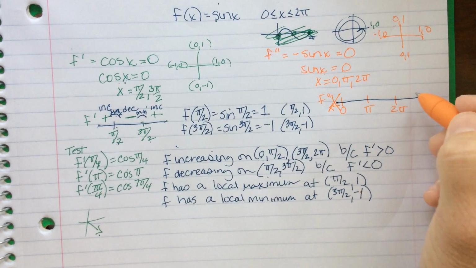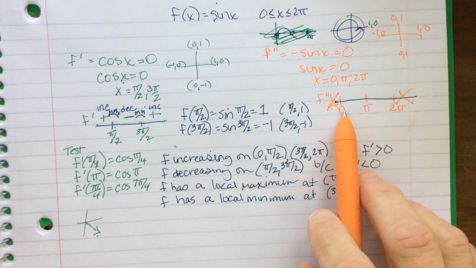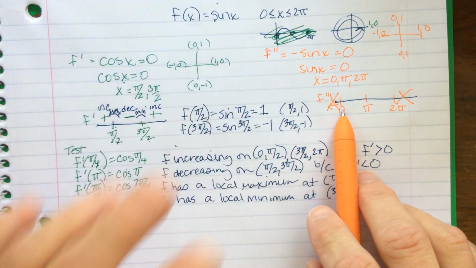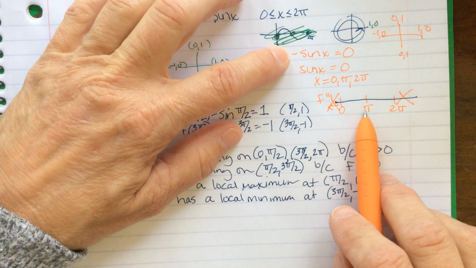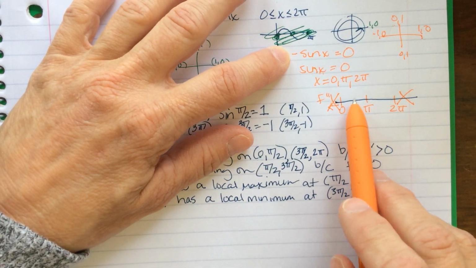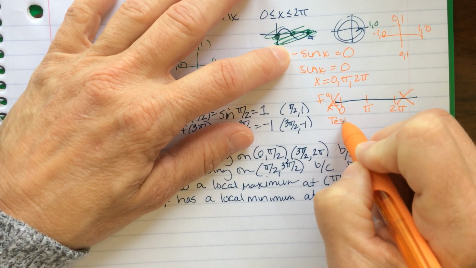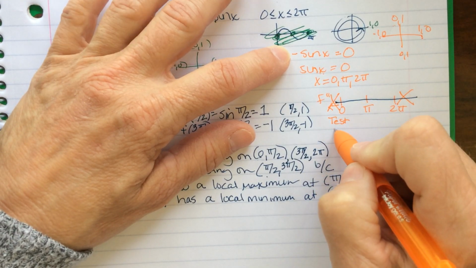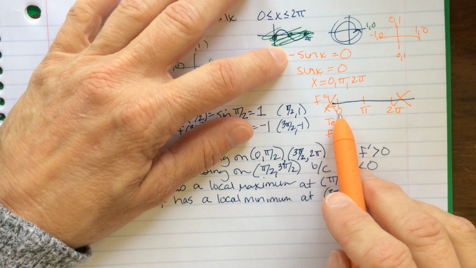So I don't need this interval, pardon me, and I don't need this interval. So what I need to do is I want to now figure out, from 0 to pi, is the derivative positive or negative? So I'm going to test a value. Give me an angle. Let's think about an angle that's between 0 and pi.